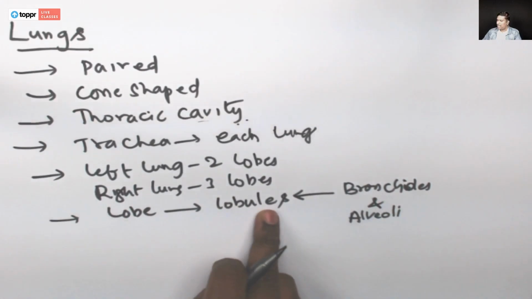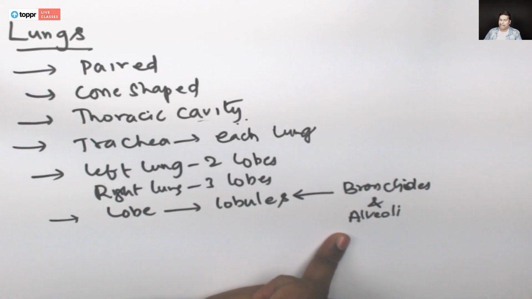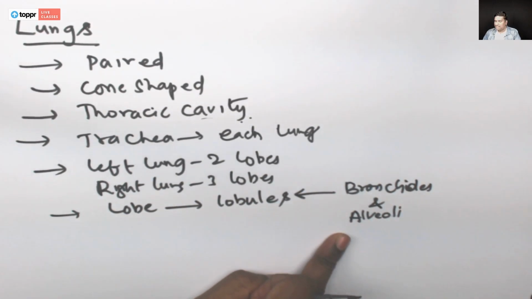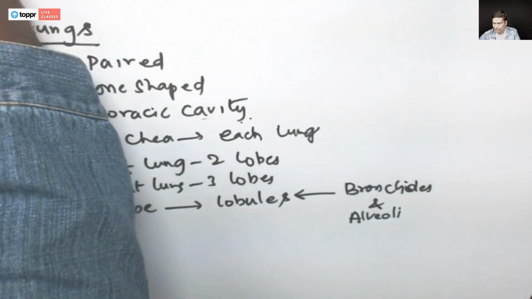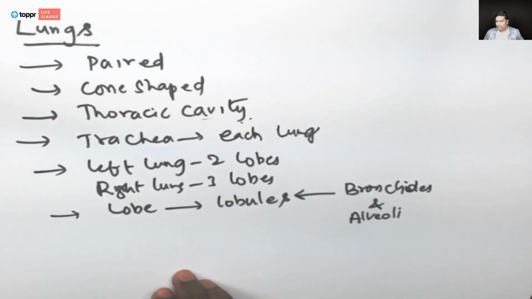So the lobules are actually made up of your bronchioles and alveoli. This is the internal structure of the lungs.